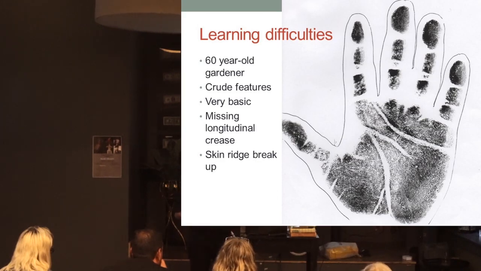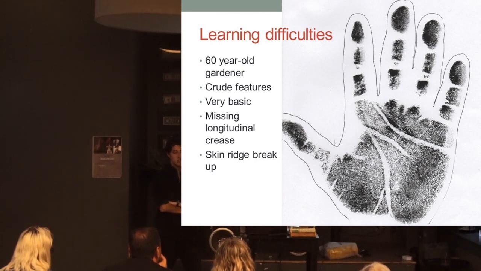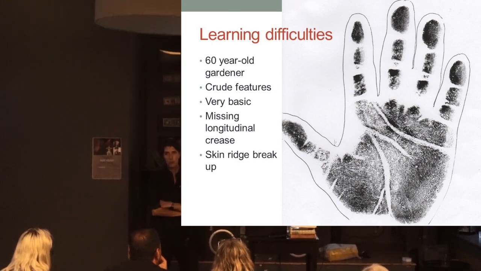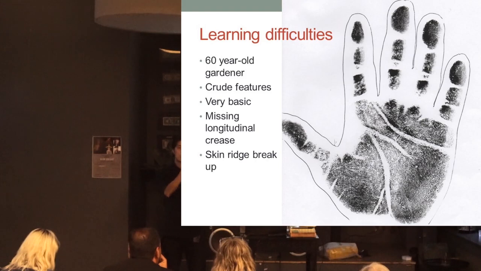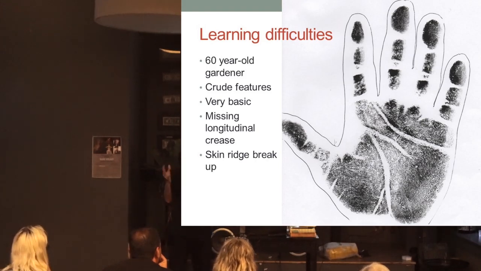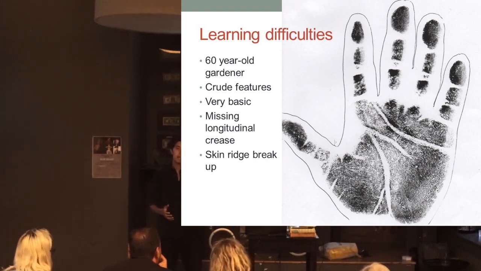Right, fascinating hand. This person was a 60-year-old gardener, and I took his hand and look at the lines that come out. Basically 3 lines on the hand. So this person hasn't got that subtle sensitivity. When people have got an awful lot of lines on the hand, it means that they're very, very complex. It means that they can read very complex details in other people. This person wouldn't be able to do that.